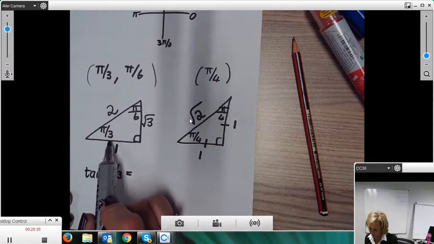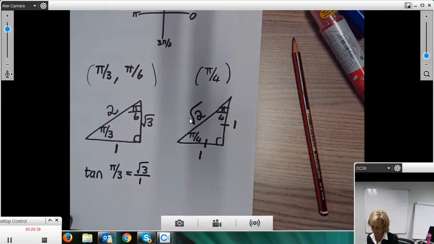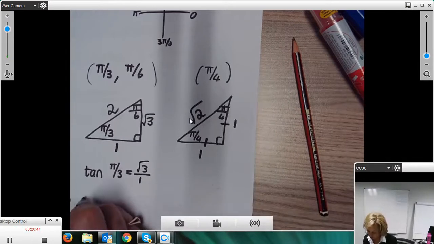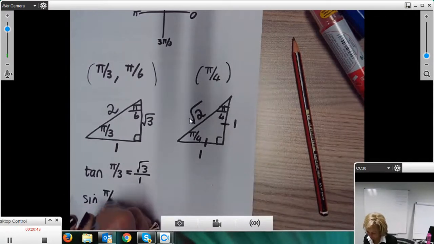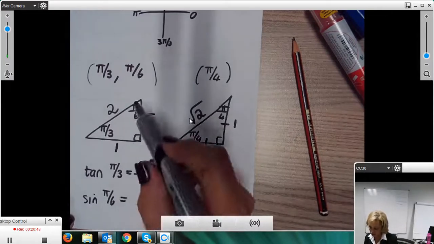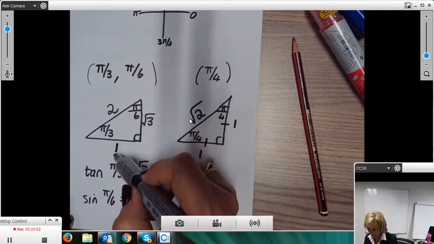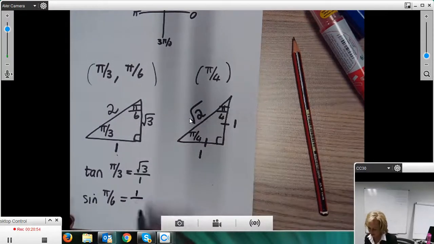So here's pi by 3, the opposite side is root 3 and the adjacent is 1. If I want to do the sine of pi by 6, I know that sine is opposite over hypotenuse. So now you look at pi by 6, which side is opposite to pi by 6? It's 1. And its hypotenuse is 2, and so on. So I don't need a calculator if I know my special angle triangles.